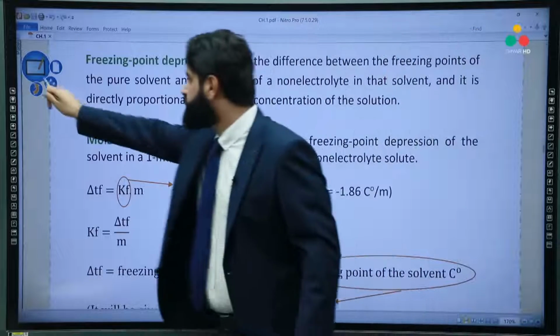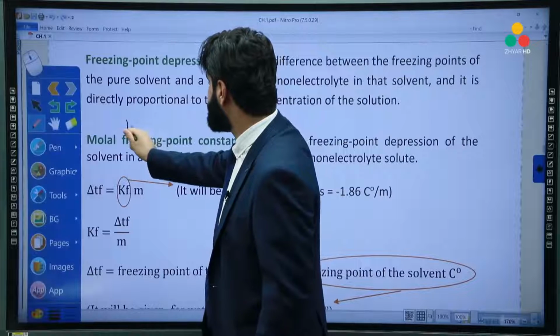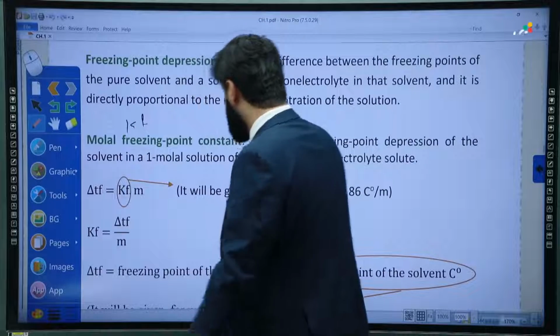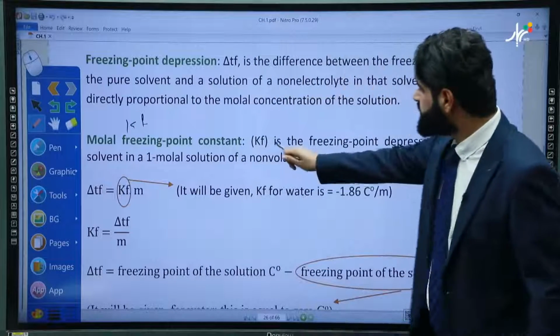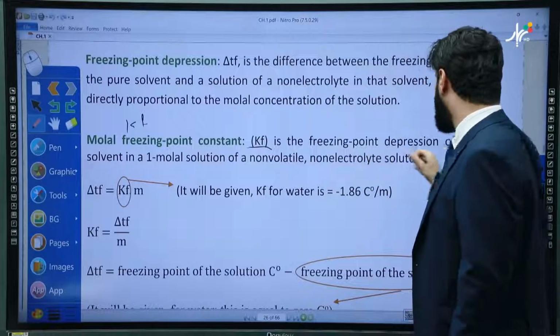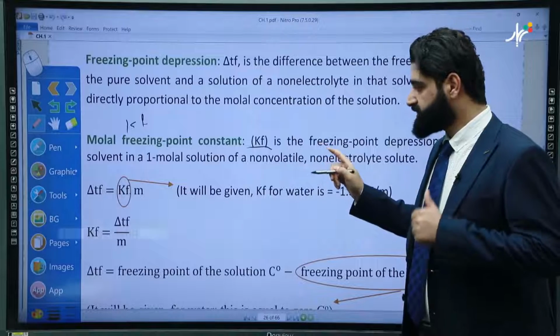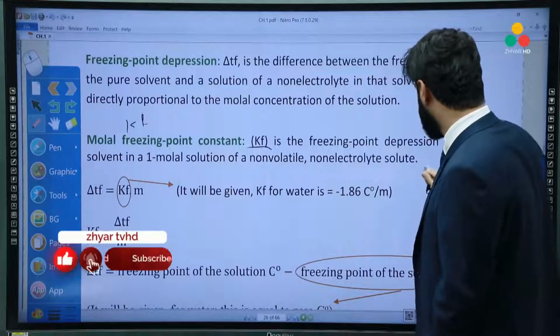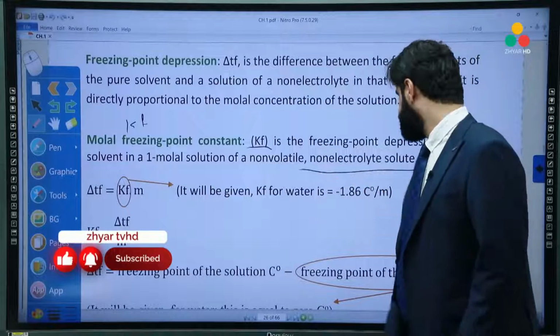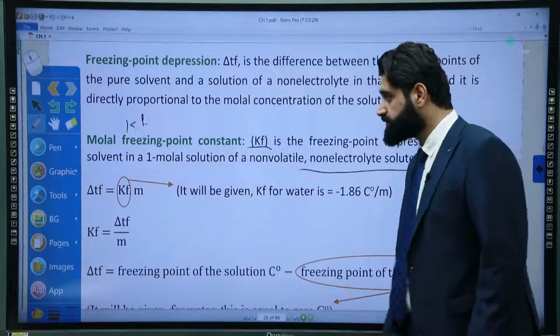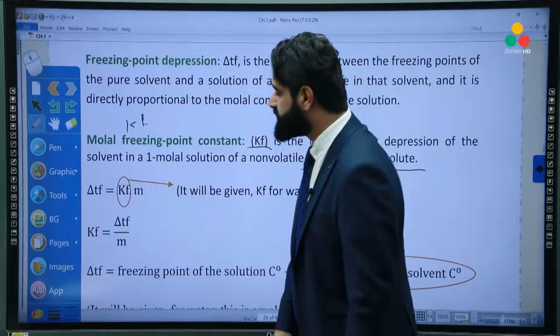About the molar freezing point, it means Kf. Molar freezing point constant, Kf, is the freezing point depression of the solvent in a 1 molar solution of a non-volatile, non-electrolyte solute. So these are two definitions, just memorize them.